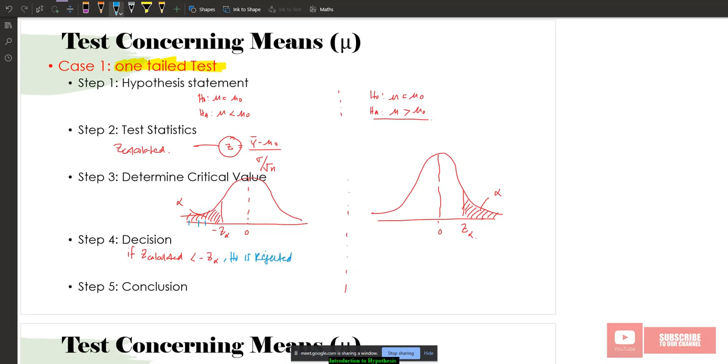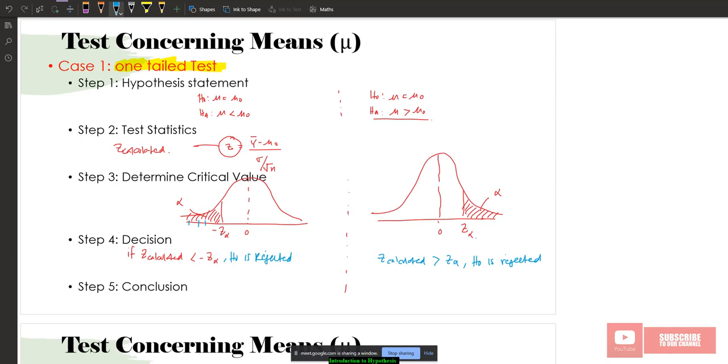In this situation, if Z calculated or T calculated or chi-squared calculated is more than Z alpha, the null hypothesis is rejected. So this is the basic concept of hypothesis testing.